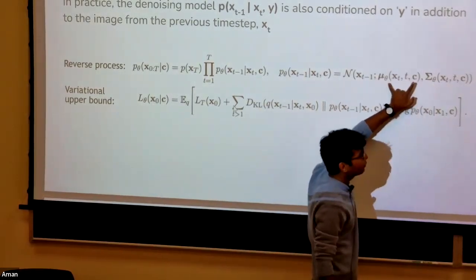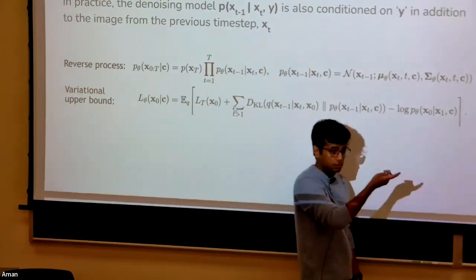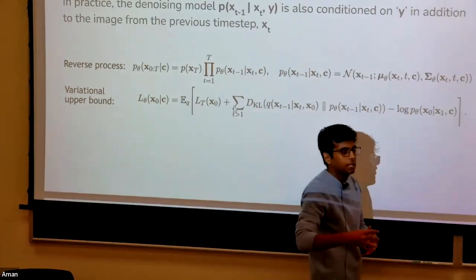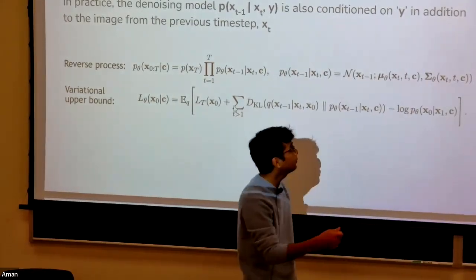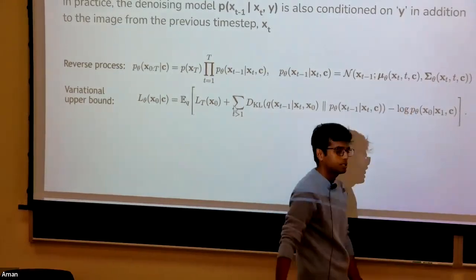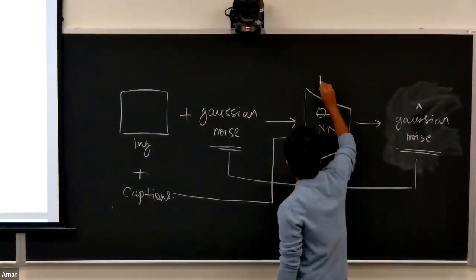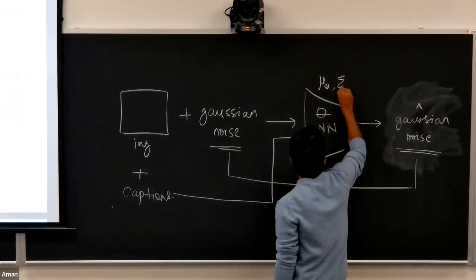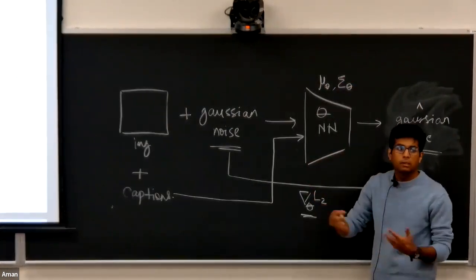So in this neural network model, you'll see that in addition to taking the X_t, which is the noised image, and the time step, which is just an indication of the amount of noise that was added to the image, it will also take in the conditioning signal. So you can see here that this model is exactly what a mu theta or a sigma theta model would look like. You can imagine that this neural network is just two branches.